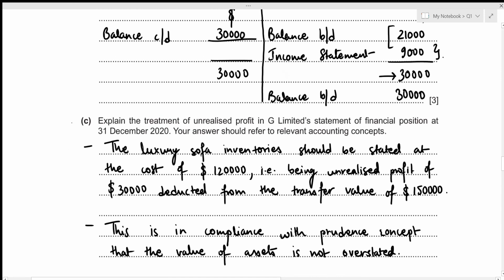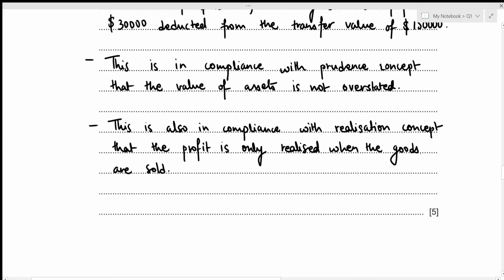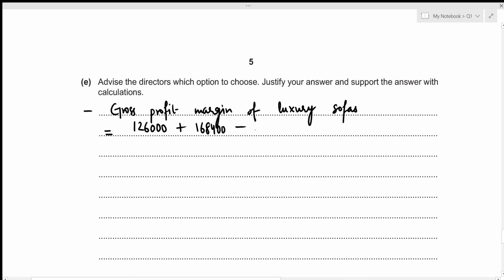Let's do that. So we can see that there was definitely an increase in the provision for unrealized profit, which means that, like I said before, this 9,000 would be treated as an expense. So in order to figure out our gross profit margin right here, we also need to adjust this expense, which means that this 9,000 should be deducted. Let's do that. So that will be minus 9,000.